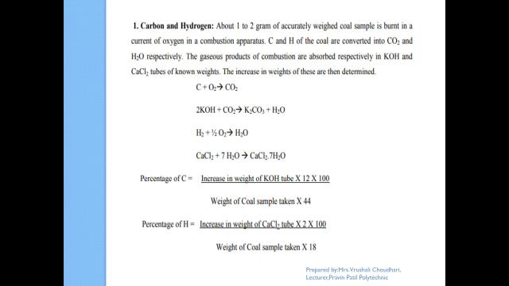So percentage of carbon is the increase in weight of the KOH tube over the weight of the coal sample. This calculation formula is used to determine how much percentage of carbon is present. Similarly, for the percentage of hydrogen, the increase in weight of the calcium chloride tube is used to determine how much hydrogen is present.